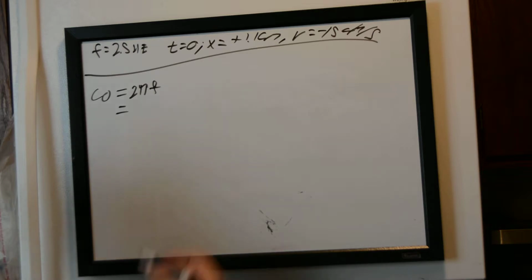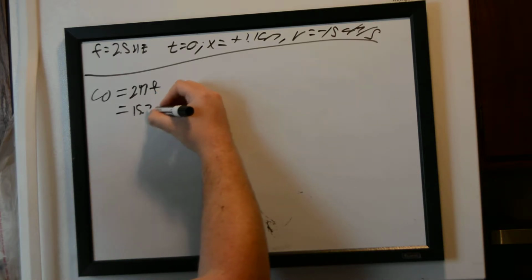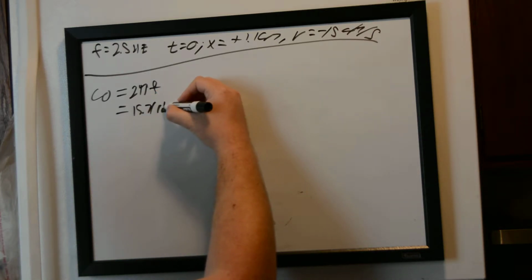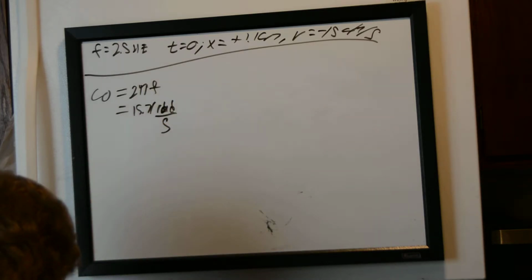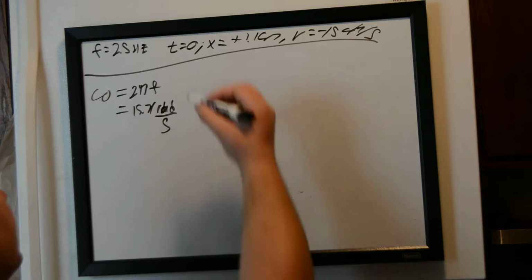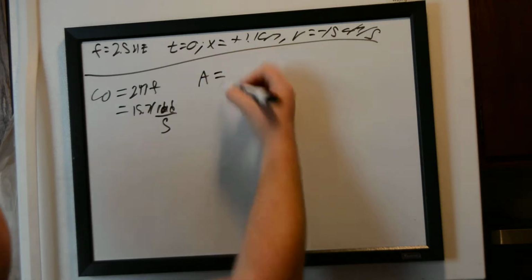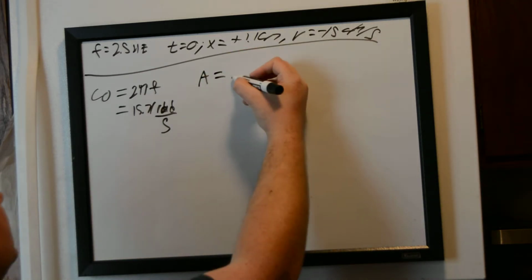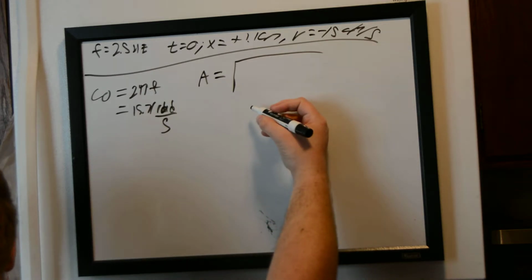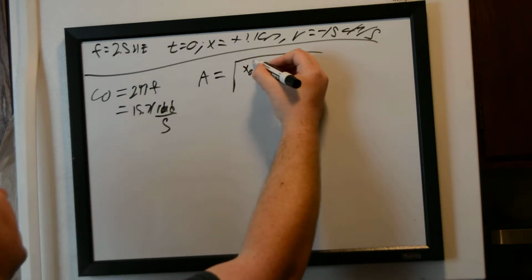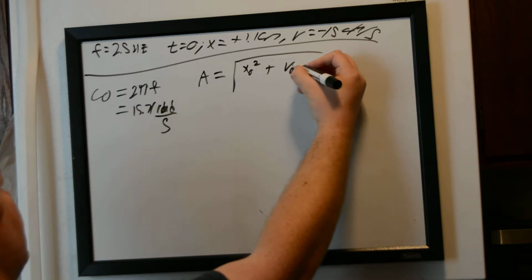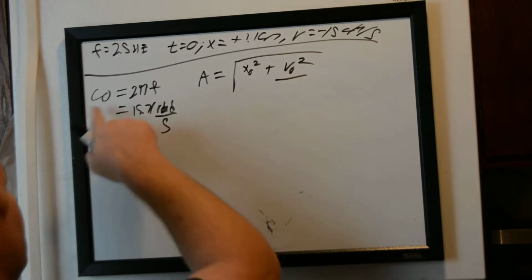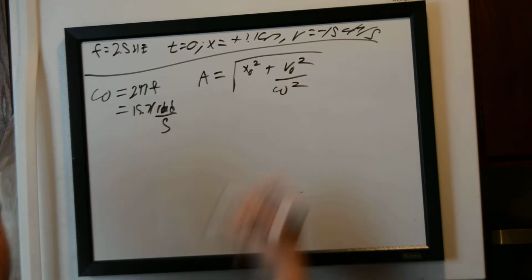And that comes out to be 15.71 radians per second. And then we know that our acceleration, just from equations given in the book, is equal to the square root of our starting position squared plus our starting velocity squared over our angular acceleration squared.